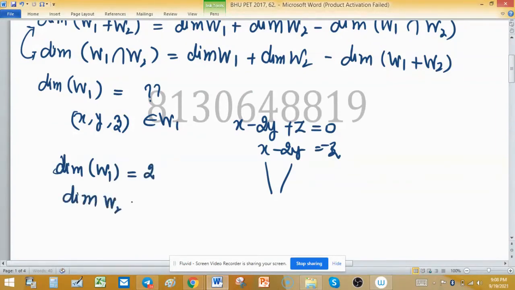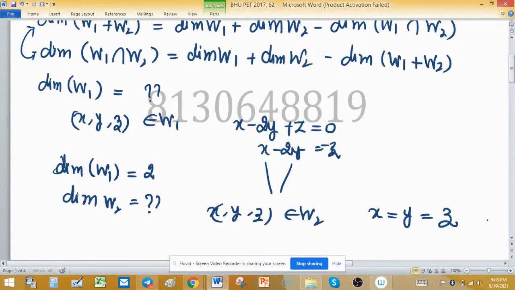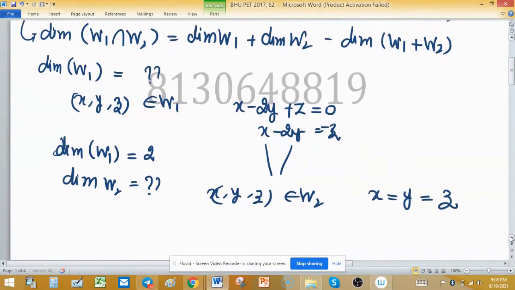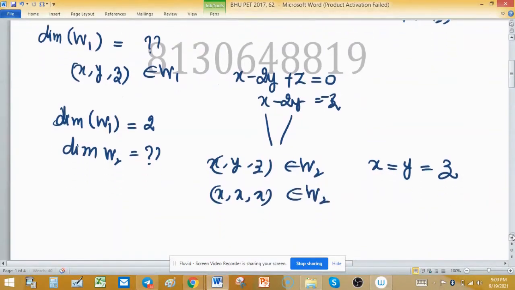Similarly, we will find the dimension of W2. Let (x, y, z) belong to W2; its constituents will satisfy the property x = y = z, as you can see in the set builder notation. The elements in W2 have the structure (x, x, x).